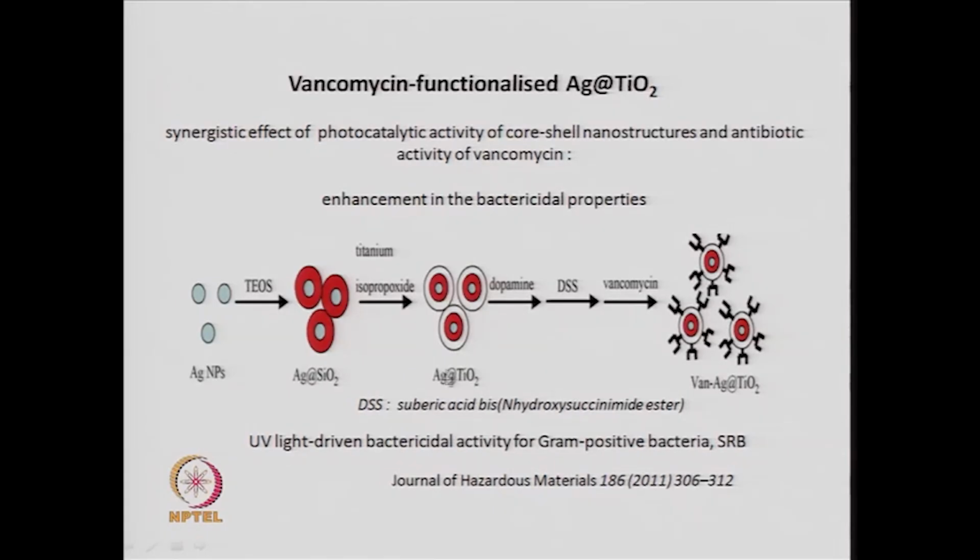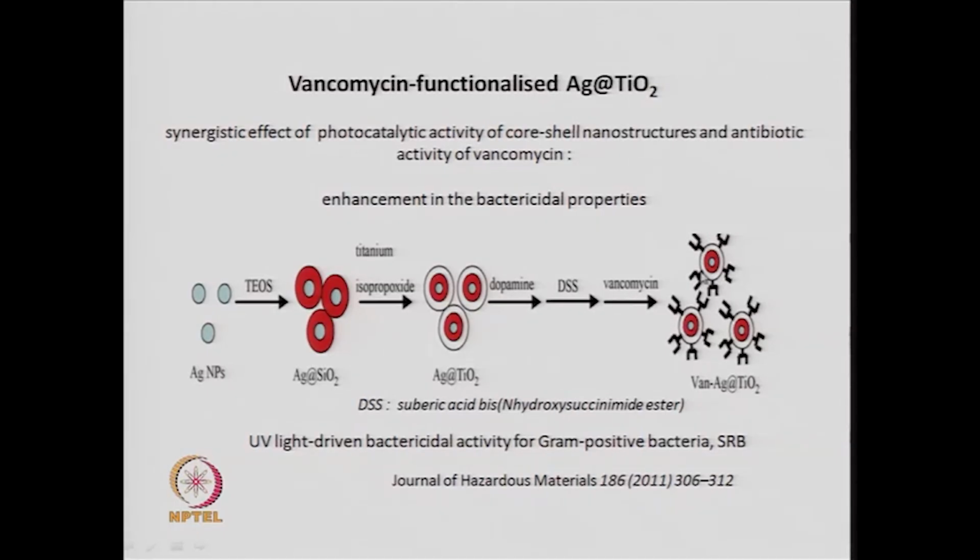Now, to attach vancomycin to this silver TiO2 core shell structure, it is first necessary to add dopamine and another molecule DSS, which is suberic acid bis N-hydroxysuccinimide ester. This molecule DSS and dopamine help vancomycin, which is an antibiotic, to bind on the TiO2 shell.